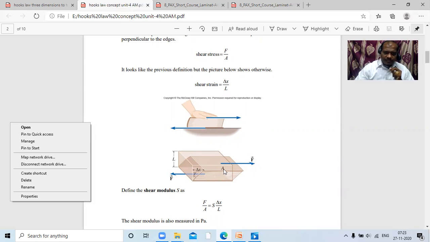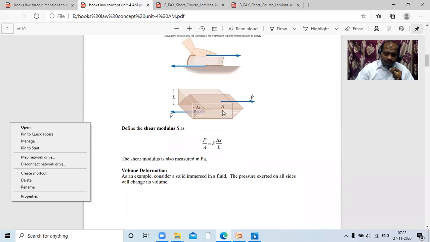If you observe here, a rectangular laminate is given, because the thickness is very low compared to length and breadth. Forces are acting on the top side of the laminate, and forces are acting on the bottom side of the laminate. Try to understand.